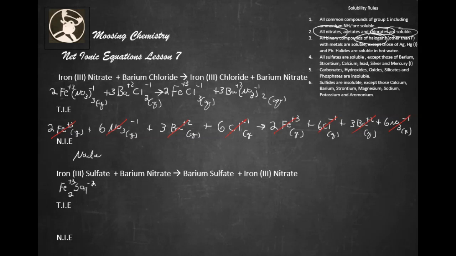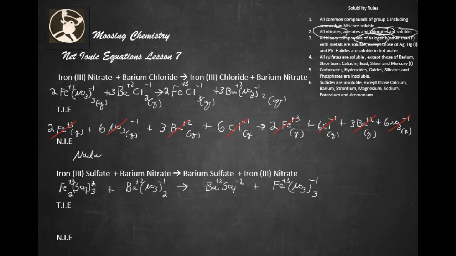So we switch these, and we get that, plus barium nitrate, Ba is plus 2, NO3, which is a minus 1, so we crisscross again, we get a 2 there, yields barium sulfate, which is Ba plus 2, SO4 minus 2, plus iron 3 again. So it'd be Fe plus 3, NO3 minus 1, crisscross, so there you go.